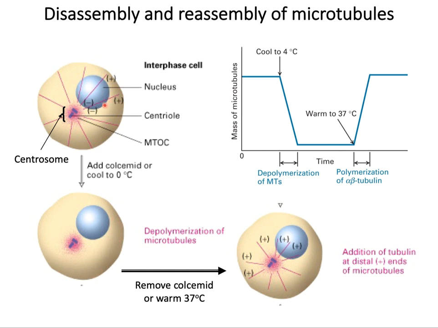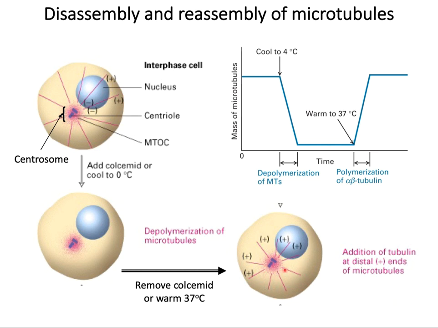Here is your existing microtubule organizing center. However, if you wash out the colcemid, which happens to be reversible, or if you warm the cell to 37 degrees, which is the normal growth temperature, you begin to see the growth of the microtubules out from the microtubule organizing center. So the microtubule organizing center will not only organize the microtubules, but will nucleate the formation of new microtubules.